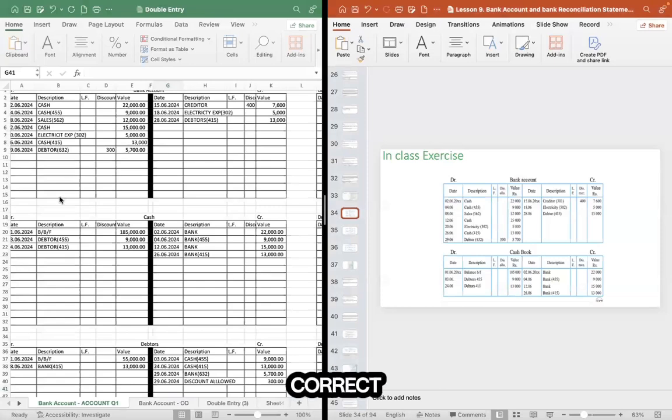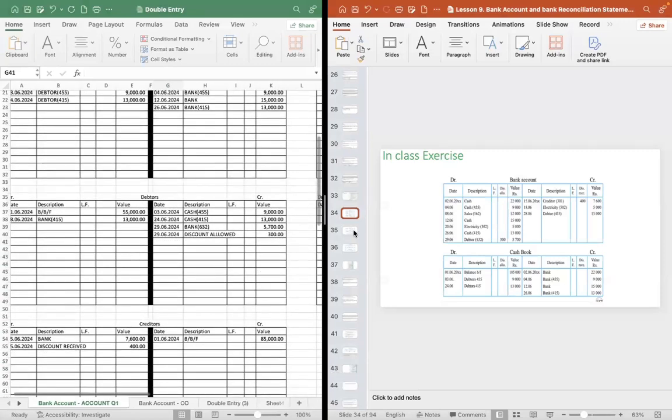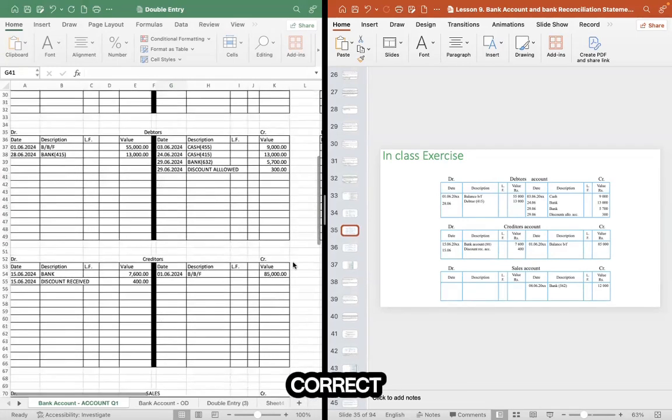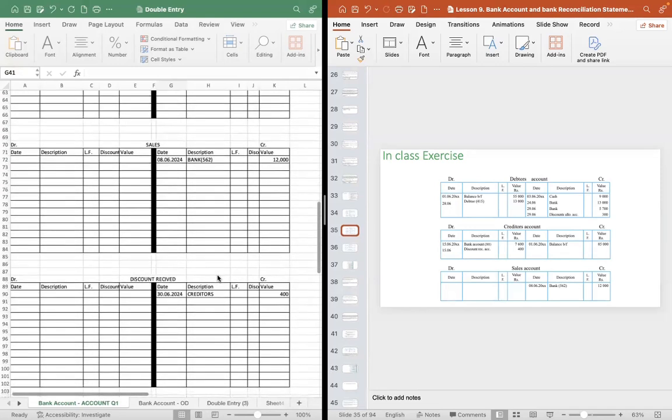It's correct. 20,000, 9,000, 15,000, 13,000, 1,85,000, 9,000, 13,000. Then debtors account 9,000, 13,000, 5,700, 300. It's okay. 55,000, 13,000. It's correct. 85,000, 7,604. It's correct. 12,000.